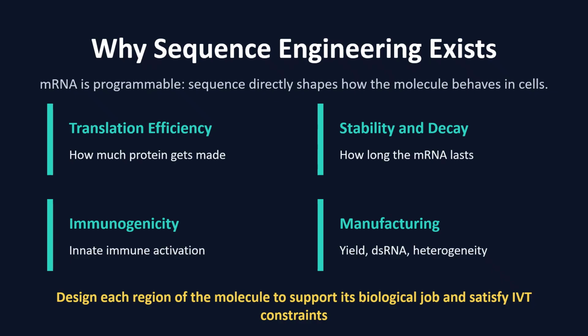So when we design therapeutic mRNA, we are engineering molecular function. The 5' UTR controls one thing, the coding sequence another, and then the 3' UTR something else. So that's why we engineer each region.